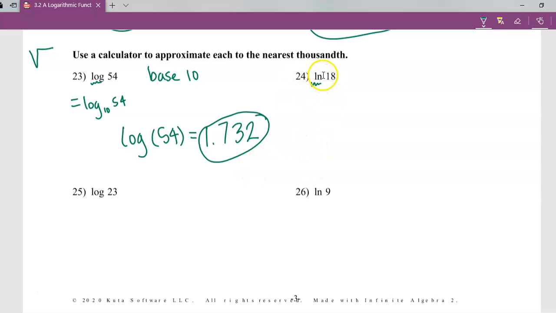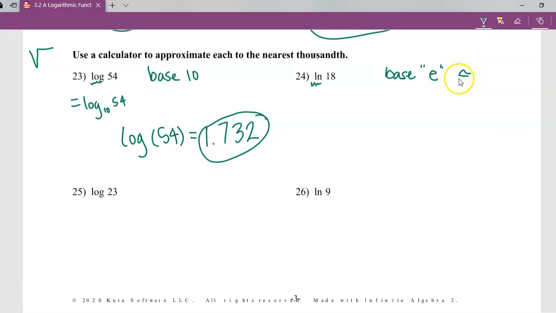Okay, now the natural log, that is still a log, but the base here would be e. So if it says ln instead of log, the base is a number that's called e. E is kind of a number sort of like pi. It is just a number that comes out of some math applications, and it's a number you see a lot, kind of like pi is.